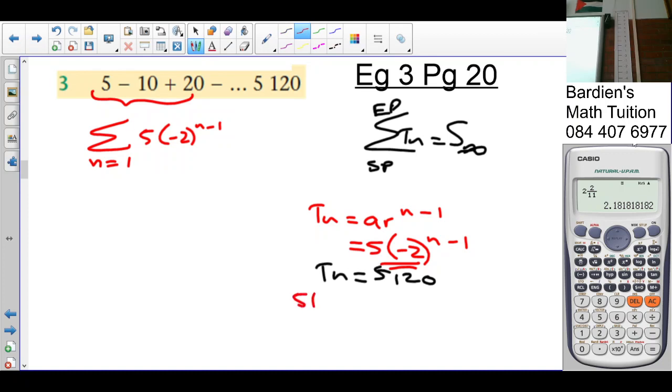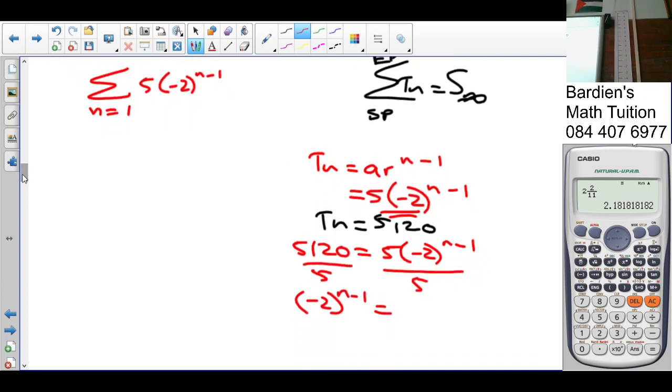So in other words, 5120 is equal to 5 into negative 2 to the n minus 1. So what do I do first? Divide by 5. So we then get negative 2 raised to the exponent n minus 1 is equal to 1024. You see this base is negative here.